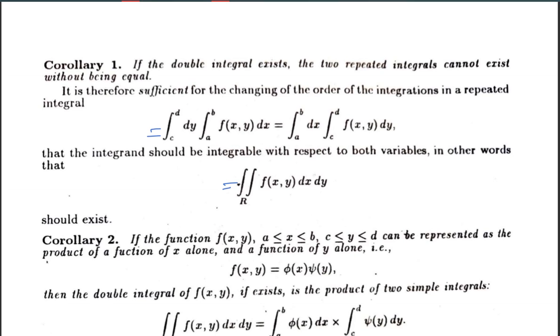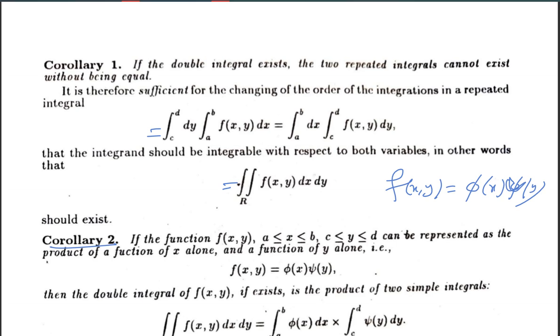All are equal. And there is corollary 2: if it is possible to represent f(x, y) as a product of two independent functions, say phi(x) and psi(y).